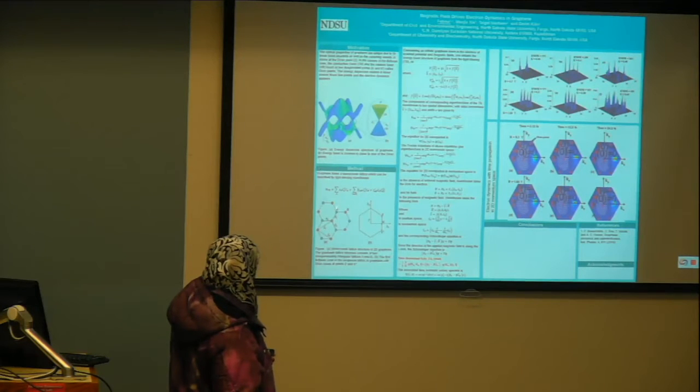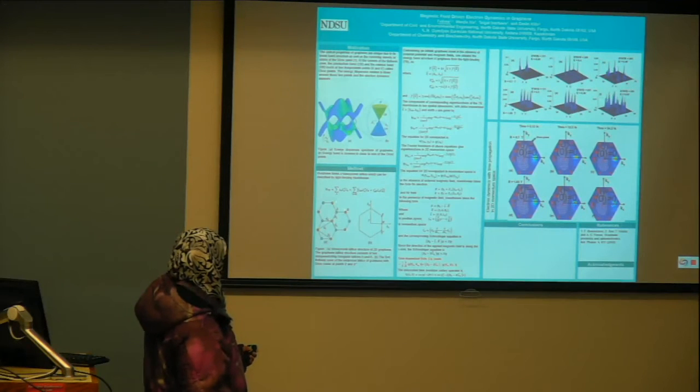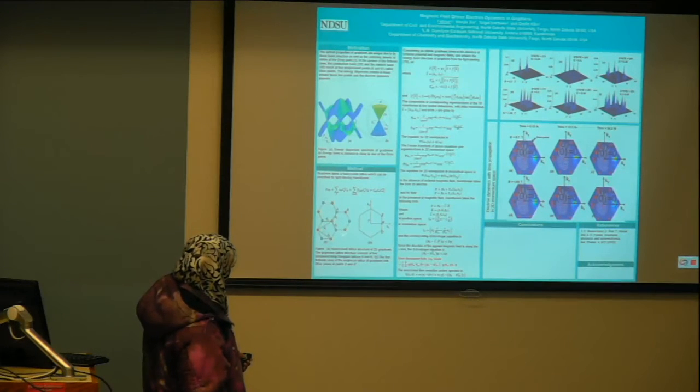Each graphene atom has three nearest neighbor carbon atoms, and other next nearest neighbor atoms.